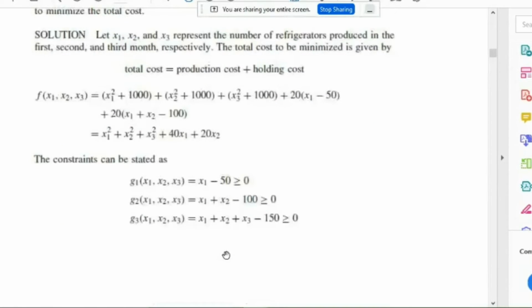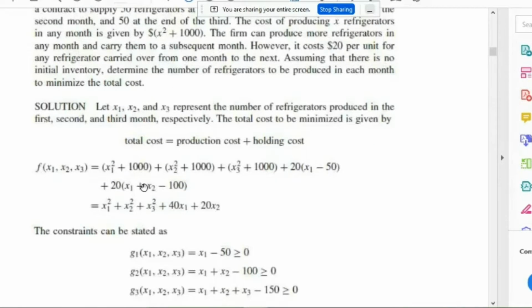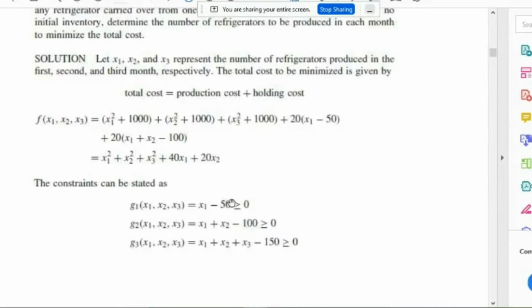So the production cost for 3 months, the carrying cost for the second month and the carrying cost for the third month give the total expression. The objective function is formulated, and then the constraints are developed here.